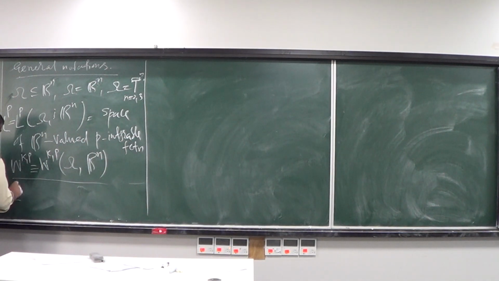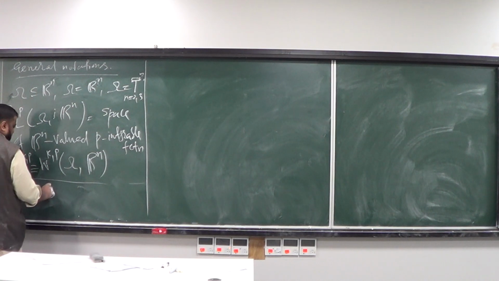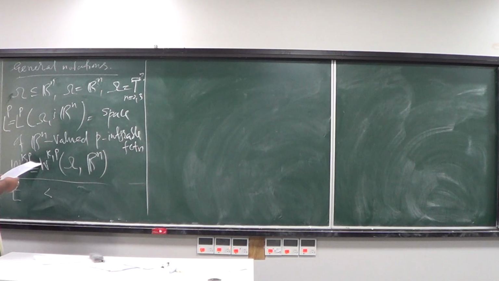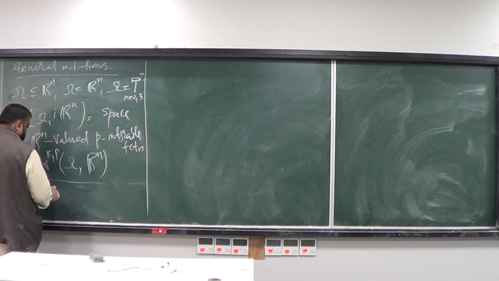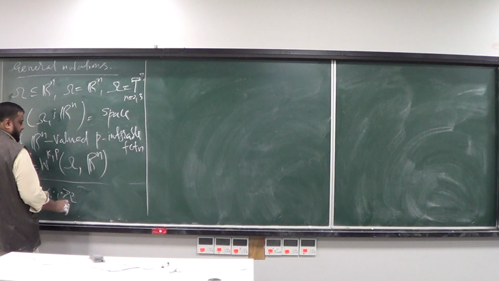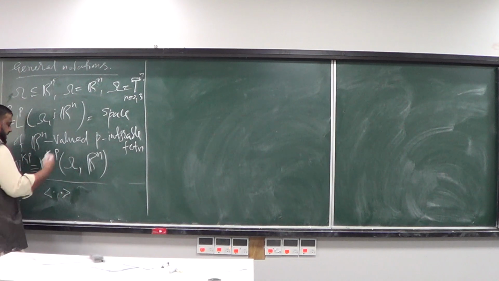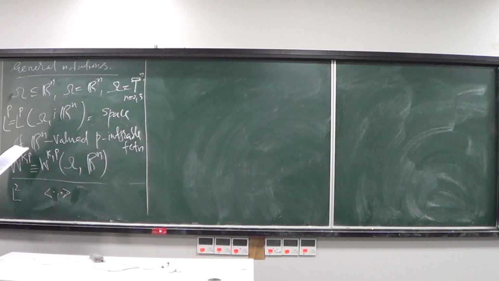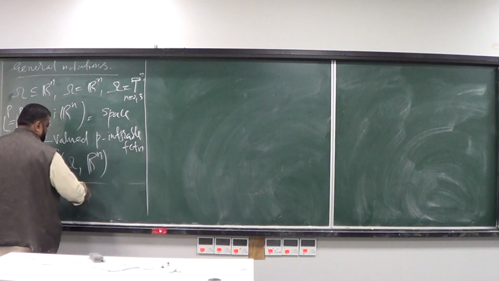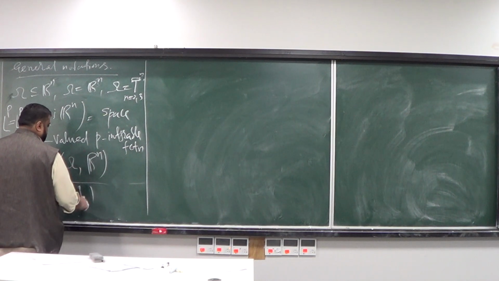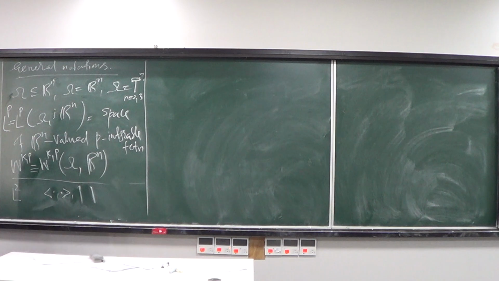We will be particularly interested in L2. For the L2, I'm going to use this notation for the norm and inner product. Whenever I write this, I mean the L2 inner product, and the norm on L2 is simply denoted by this absolute value.